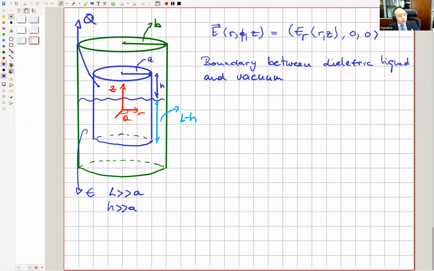Okay, so one thing that we can look at is that we know the electric field ought to be radial. At the interface between the liquid and the vacuum, which way is the field pointing?